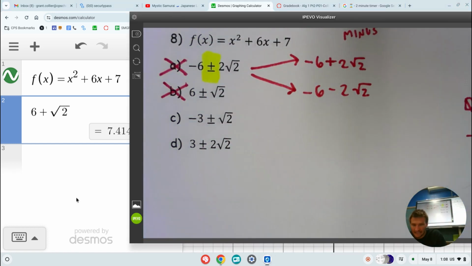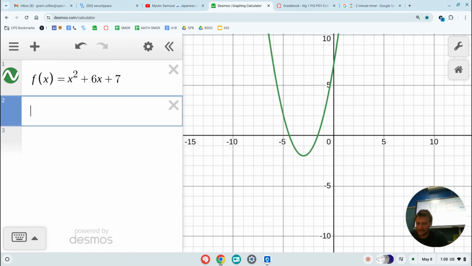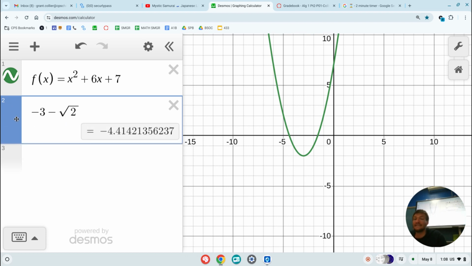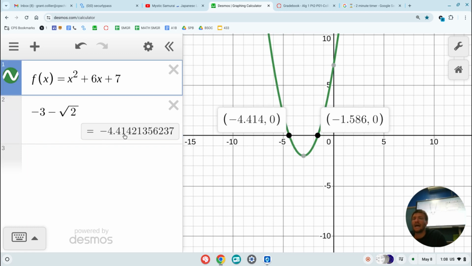Let's try C. C is negative 3. Let's do a minus this time just for fun. Minus square root 2. Is this a match to our ugly decimals? Actually, yes. Negative 4.414. Okay, so we have a match. Awesome. What about the negative 1.586?